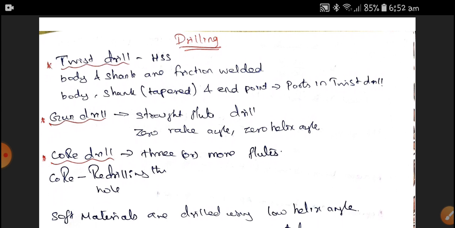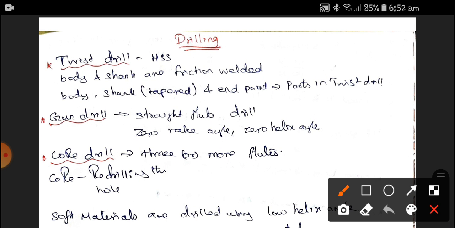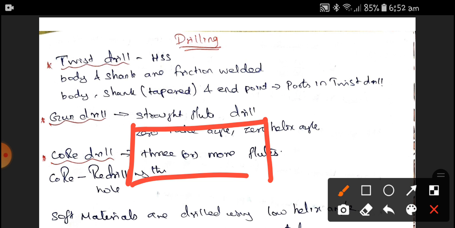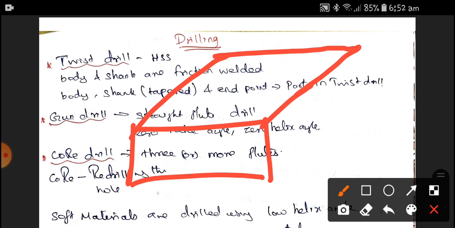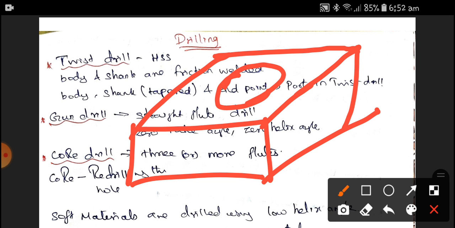Next one is a core drill. Here in the core drill, we have three or more flutes. This is for re-drilling purposes. For example, if we want to make a 50 diameter hole in a block, assume that for this 50 diameter area, you have to consider how much force is required and how much material is removed.